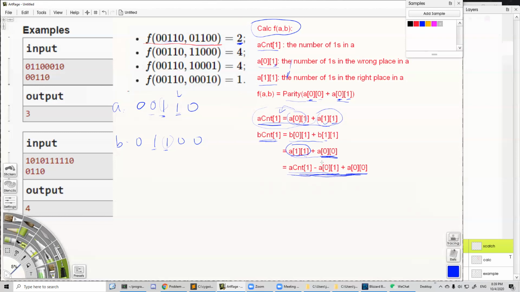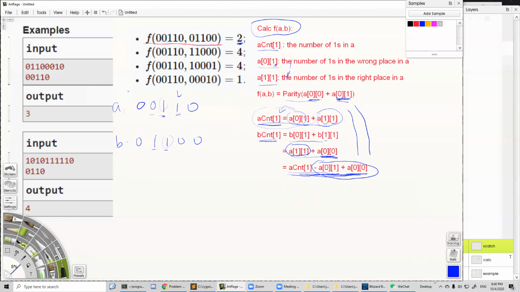That is this guy's parity, right, is equal to this guy's parity. Why? Because if both of them are even numbers, then if we plus them together, it's also an even number, right?